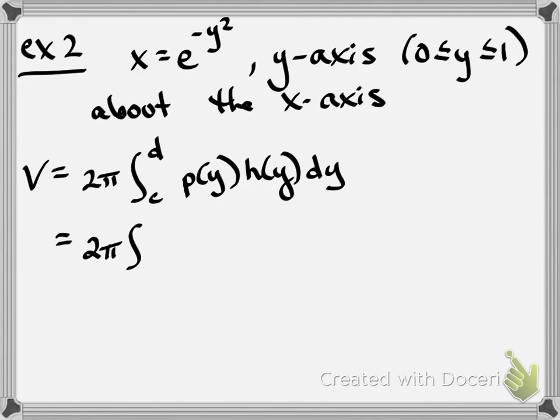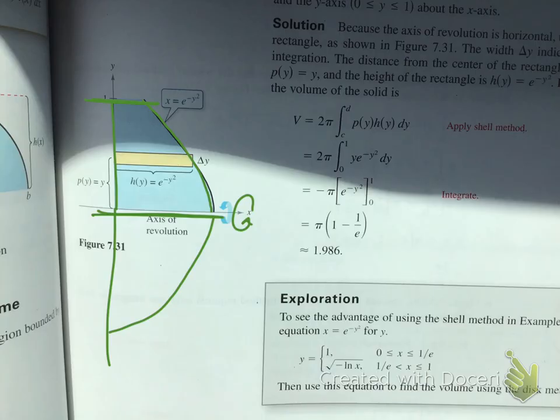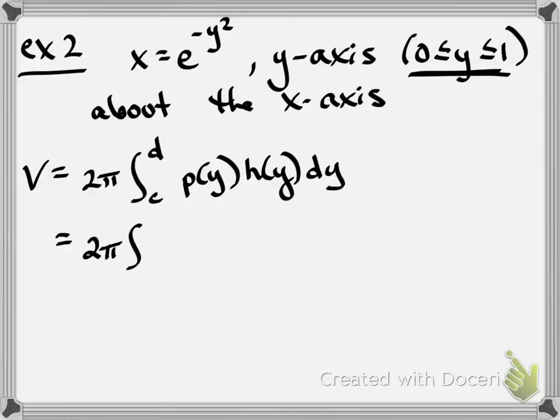When you look at your graph, the y values are 0 to 1, or you can look at your limit here, 0 to 1. p of y is just a random y value, because that's our radius, and our height is the function, because it varies depending on where the rectangle hits the function, dy.